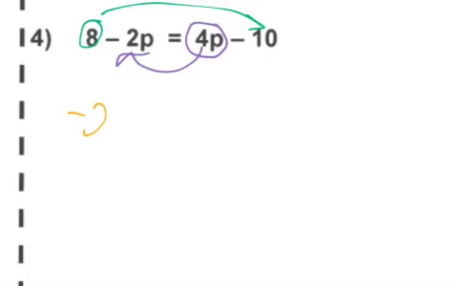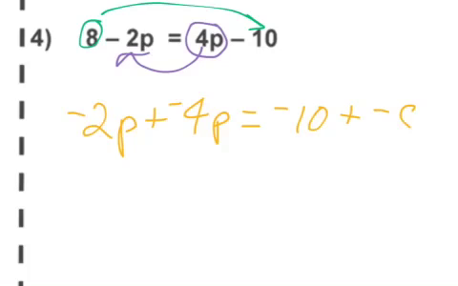We have a negative 2p plus a negative 4p is equal to a negative 10 plus that 8 jumps over so it becomes negative. We then combine for a negative 6p equal negative 18.